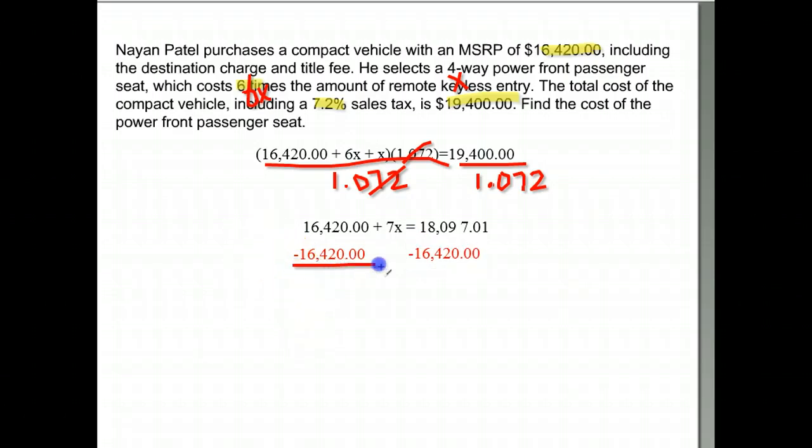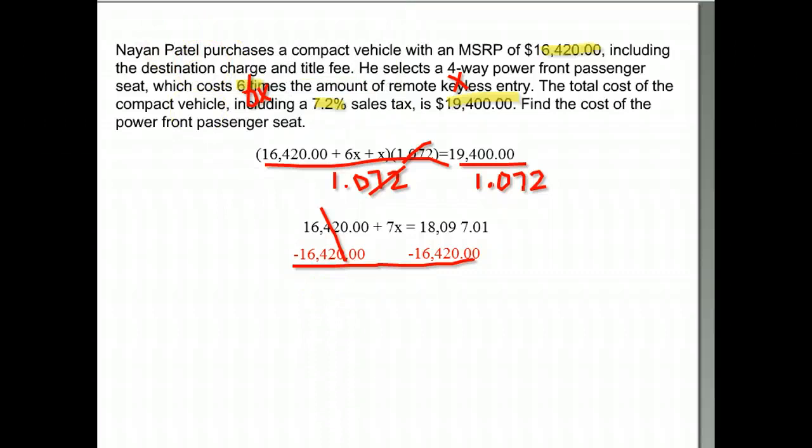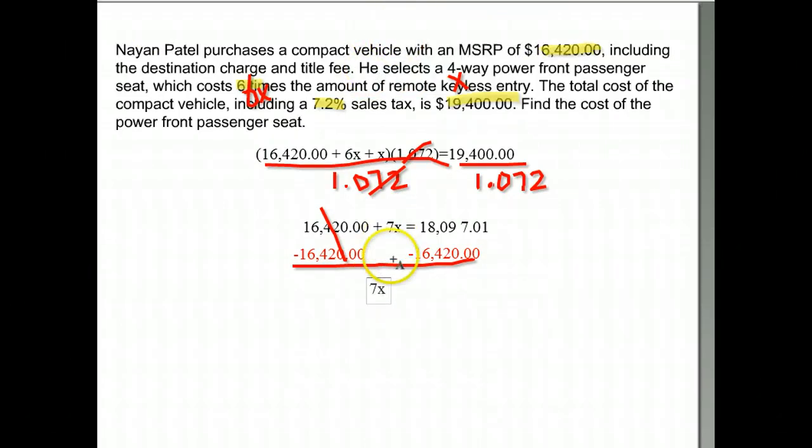So I'll have, still I have 7x on one side of the equation. And it's equal to $1,677.01.